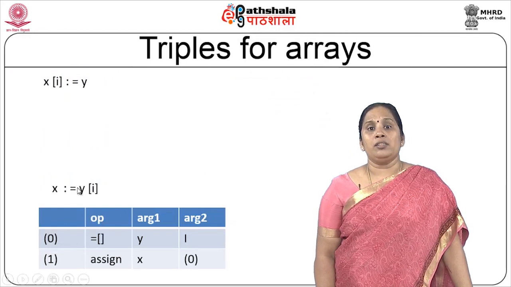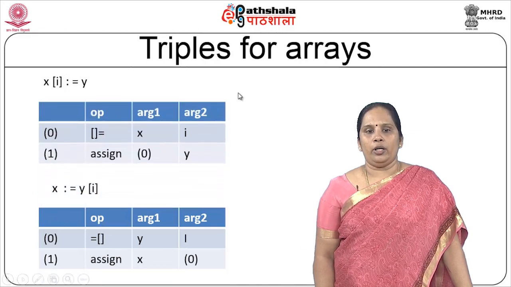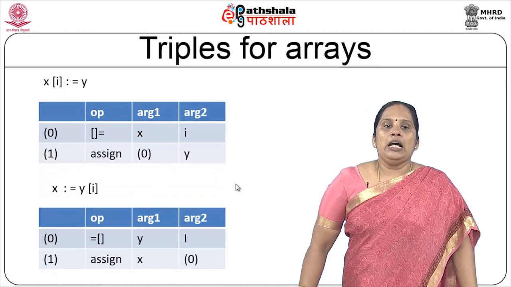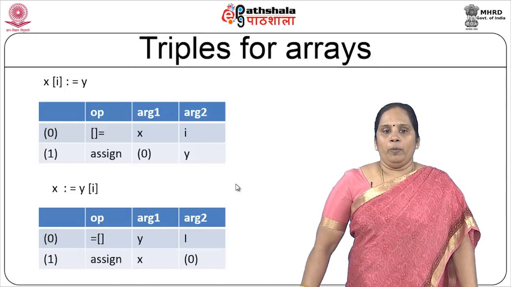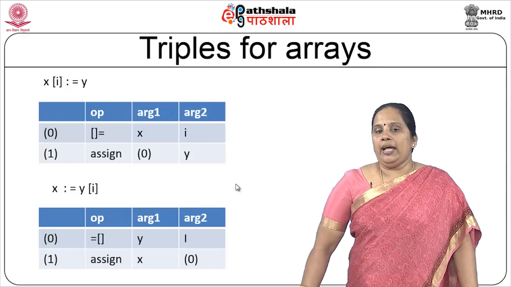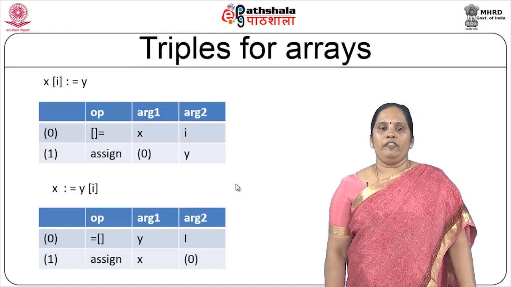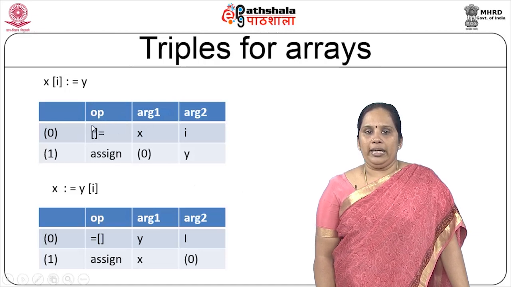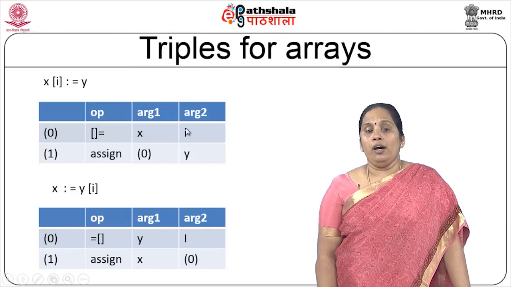How do I construct a triple for arrays? We know that an array has two formats: x of i is equal to y, that is, assigning a variable to an array operator, or computing an array operator's value and then putting it into a simple variable x. So the first operator is this index operator, where I compute x of i, that is, I use x's address and the offset with respect to i.